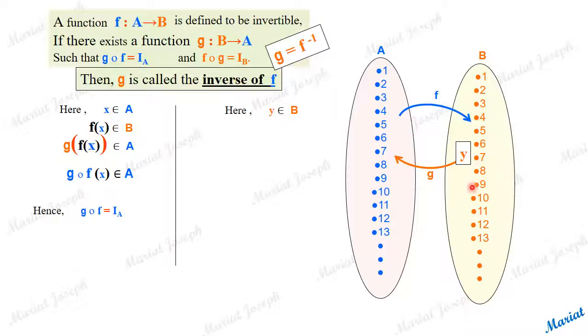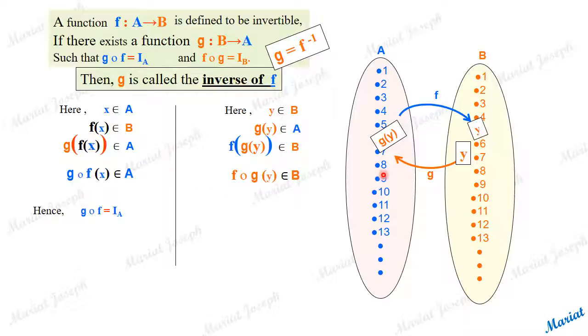If y is an element in set B, g of y is possible since it is a function and it will be found in set A. G of y, the image of y under the g rule, will be found in set A. Now, g of y is an element in set A. So f of g of y, the image of g of y under the rule f, will be found in B. So f of g of y belongs to set B. Now, what is this f of g of y? This is nothing but FOG of y.